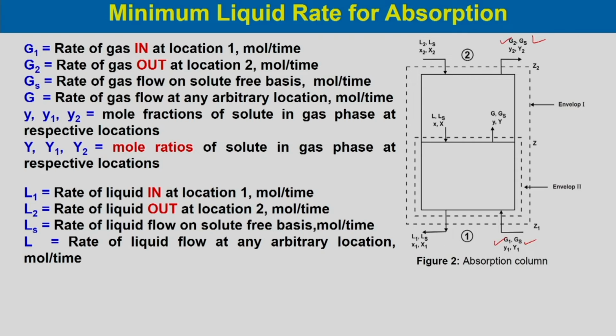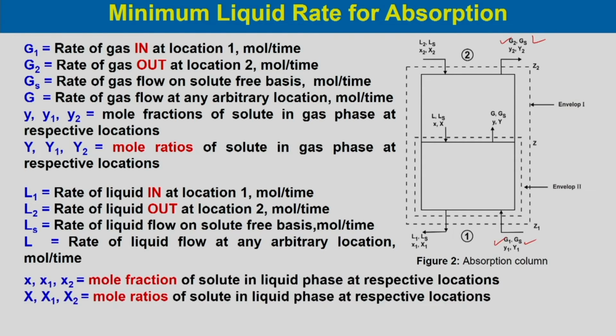L is the rate of liquid flow at any arbitrary location in mole per time. Small x, x1 and x2 are the mole fractions of the solute in the liquid phase at respective locations. Capital X, capital X1 and capital X2 are the mole ratios of the solute in the liquid phase at respective locations. So, this is the nomenclature of the typical absorption column.